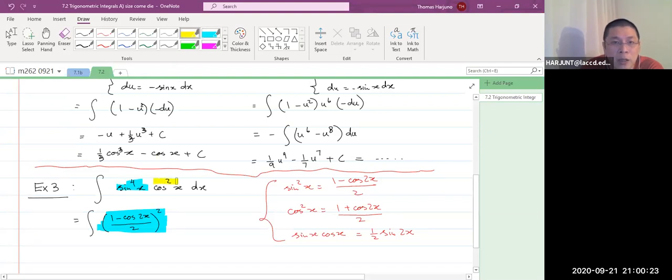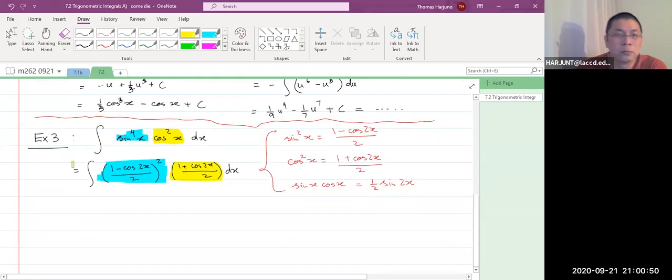While this guy here becomes 1 plus cosine 2x over 2. This is now equal to 1/8. A 2 squared times 2 on the denominator, that becomes 1/8.